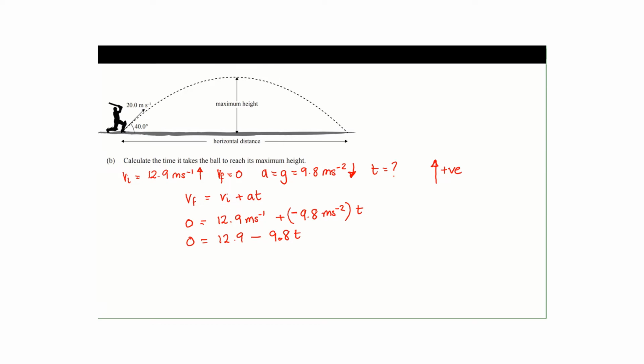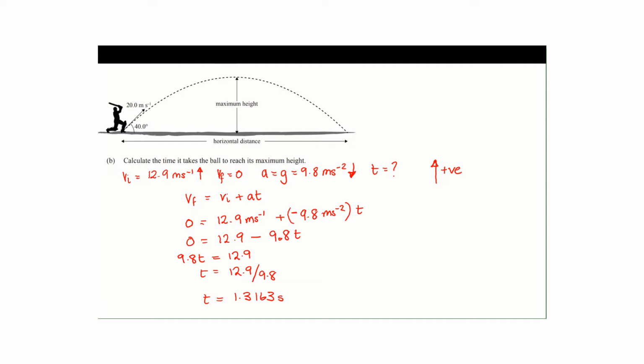Rearranging and solving, t works out to 1.3163 and so on, but we would need to consider how much to round this to.